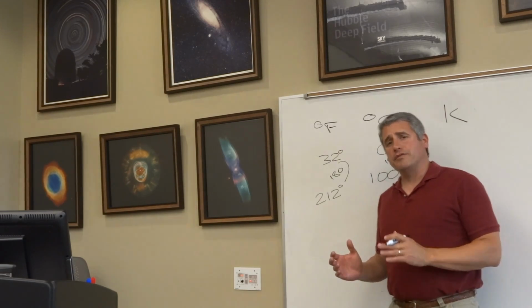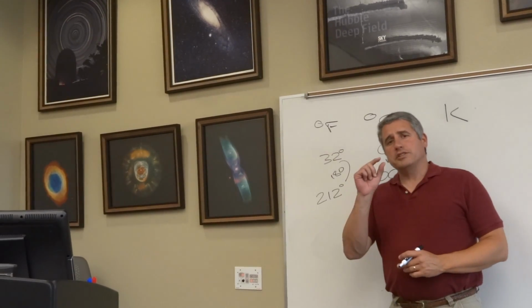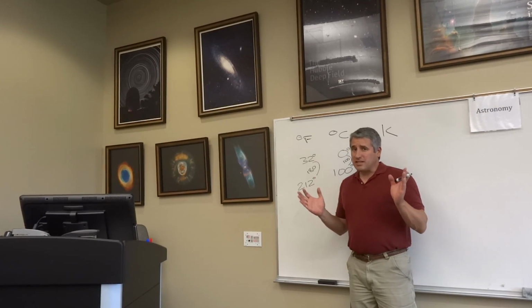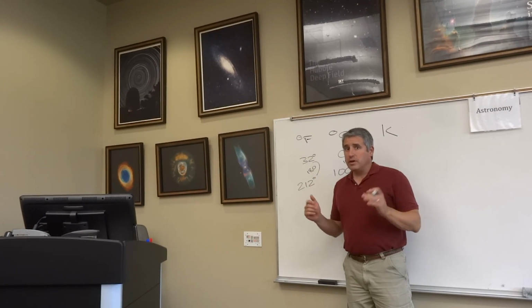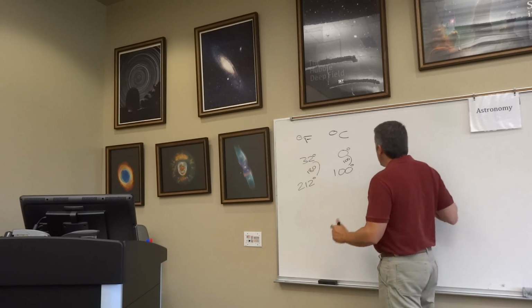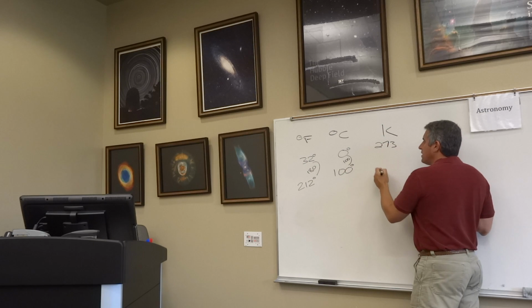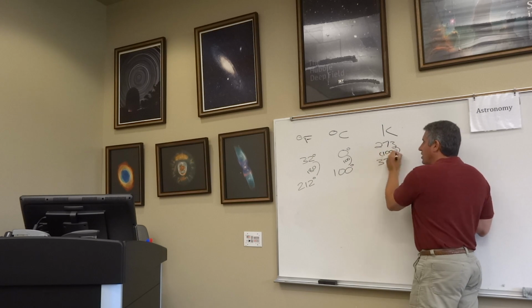So we recognize right off the bat that Fahrenheit is a slightly smaller unit of measure than the degree Celsius. But of course, in this class, we're going to try to use the 3rd unit system, which is Kelvin. As a reminder, 0 degrees Celsius is 273 Kelvin, and 100 degrees Celsius is 373 Kelvin, for again, a difference of 100.